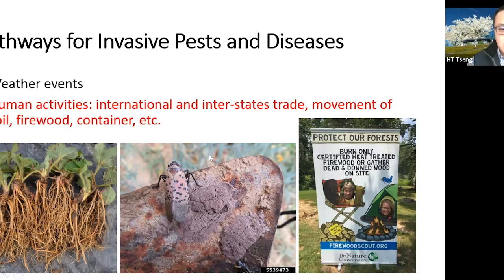And this is just spotted lanternfly on a rusted shovel with some egg mass. I'm sure Whitney will talk more about it, but that's one way this pest can move around, on containers or tools. And I'm sure you'll see this kind of banner around state parks or national parks that emphasize the importance of burn local. Do not move firewood across state lines or other counties, etc.